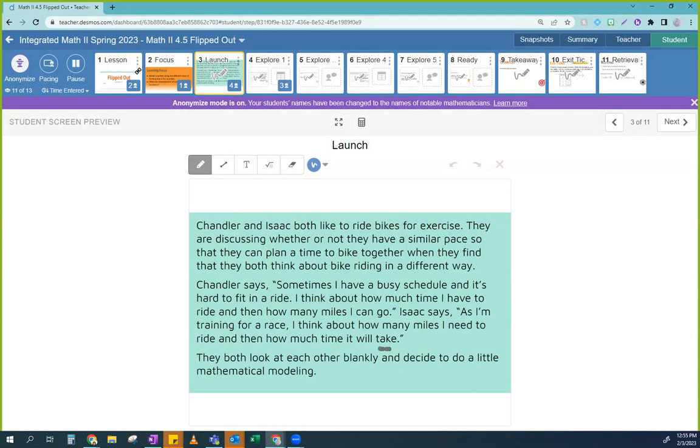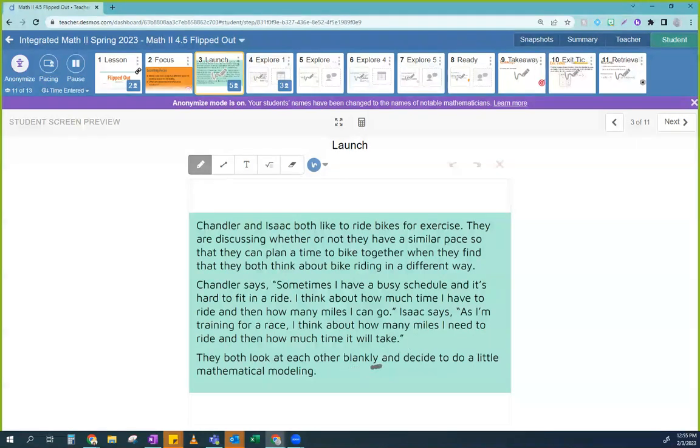If you notice here, they are thinking inversely of each other. Chandler's thinking about time, like how much time do I have? That tells me how many miles I can go. But Isaac is going the backwards way. He's saying, I think about how many miles I need to ride and then how much time that will take.